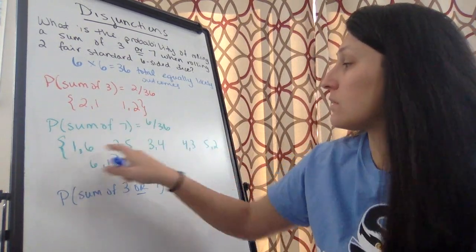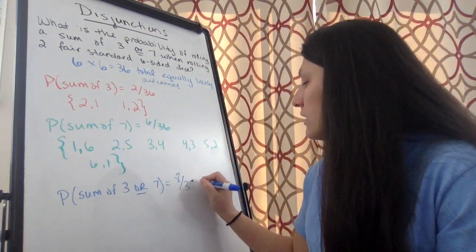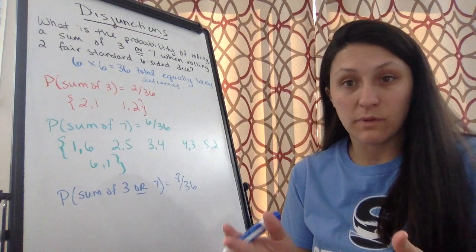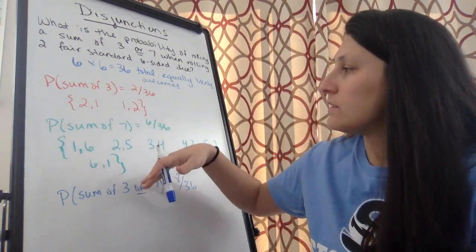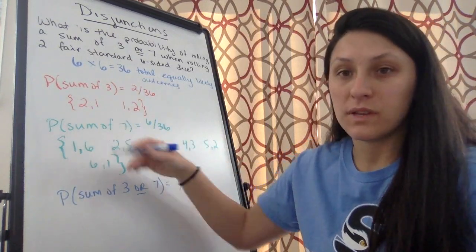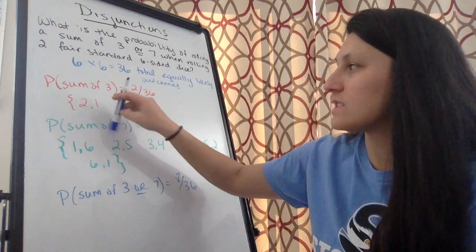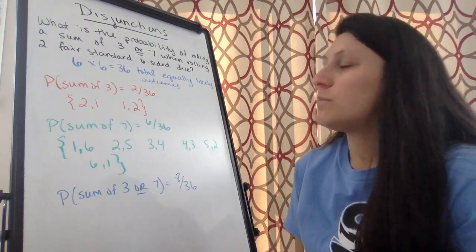So 1, 2, 3, 4, 5, 6, 7, 8. There are 8 total ways that you could roll a sum of 3 or a sum of 7. And notice that there's actually no overlap here, because you can't roll a sum of 3 and a sum of 7 at the same time. But what if you could?